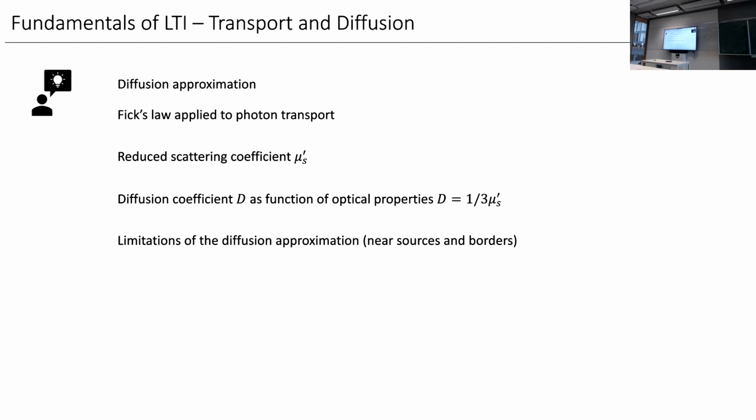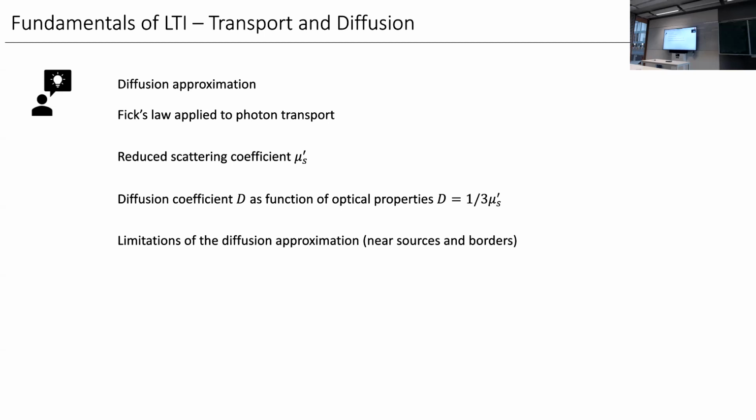Essentially, if you take the reciprocal, 1 over μs would be the average step size between real scattering events, and 1 over μs' would be an equivalent step size that you would have if all the scattering was truly isotropic.